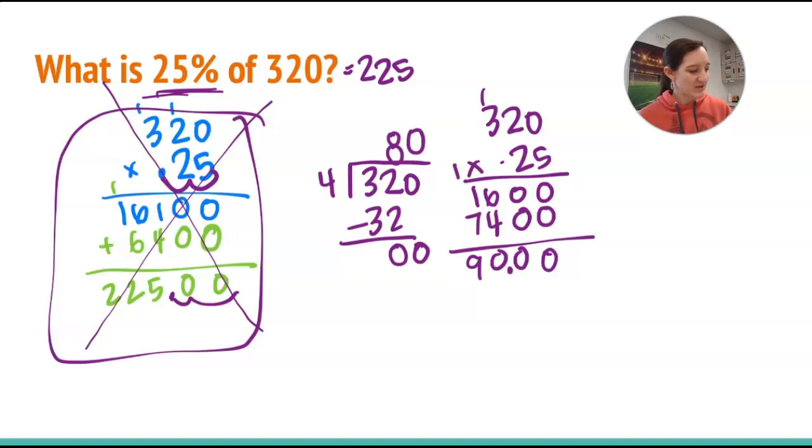So let me just check my work again. That's 0. That's 10. 15, 16. I'm good with all that. And then we add a 0 for that, a 0 for that. 2 times 2 is 4. 2 times 3 is 6 plus 1 is 7. So now when I add it up, 0, 0, 10, 8, 9.